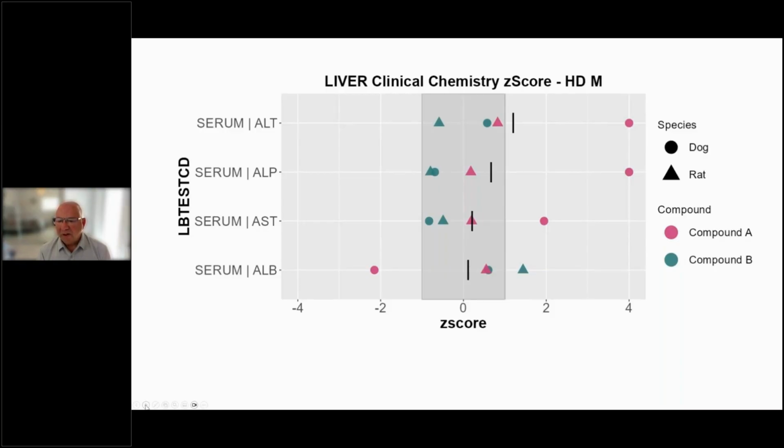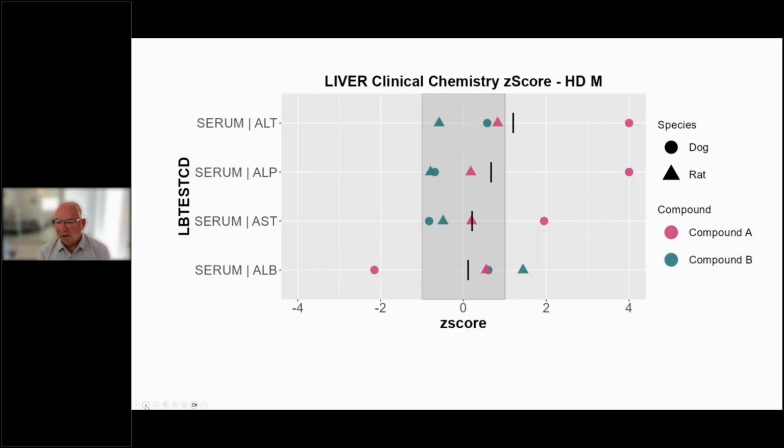And again, that continued for ALP and AST for the dog study. So the changes in ClinChem for that dog study for compound A were really driving the changes that we saw in the radar plots.